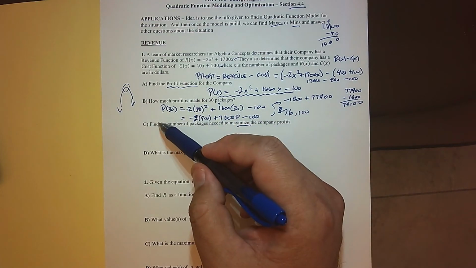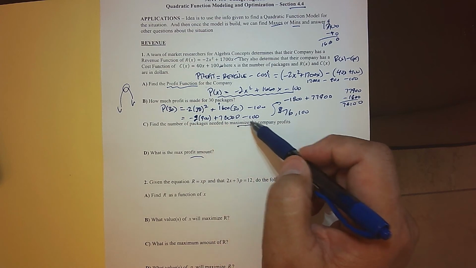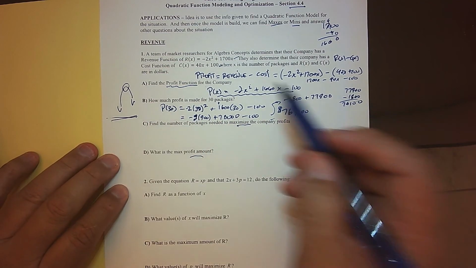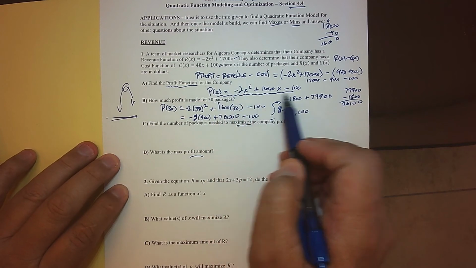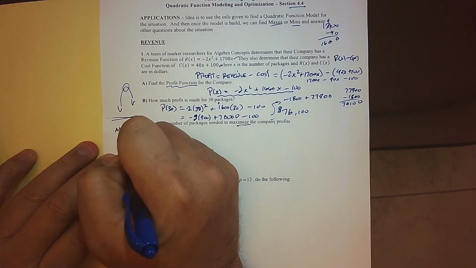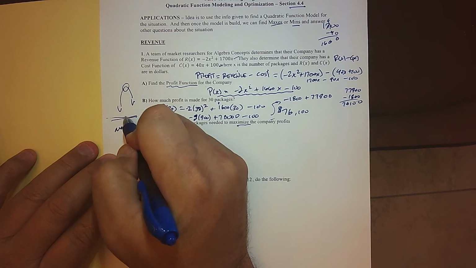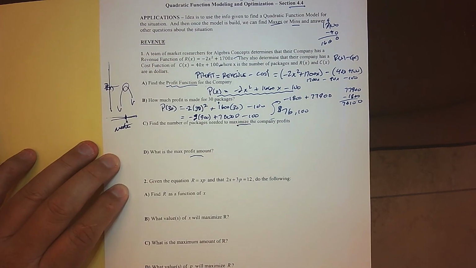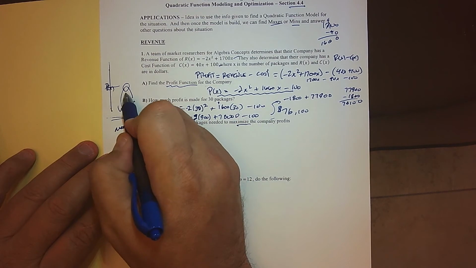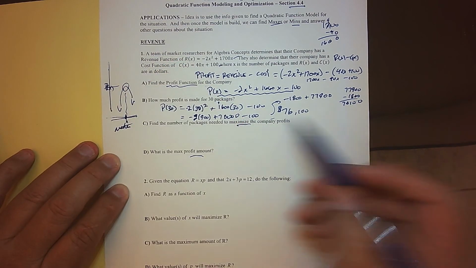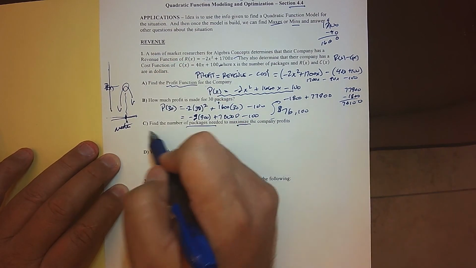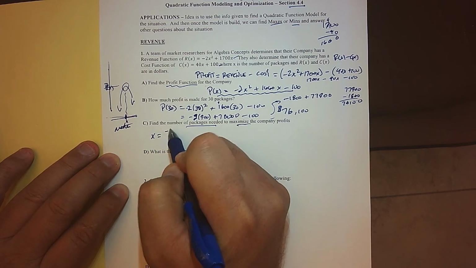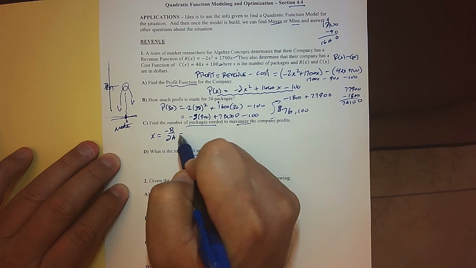The next question asks us to find the number of packages needed to maximize the profits. Well, as I've told you guys, our profit function is quadratic, so basically this comes down to finding the vertex, right? So somewhere over here is the maximum value of P of x. So we basically have to find the x coordinate of that vertex, so the number of packages. So using the vertex formula, we know that x, right, is negative b over 2a.